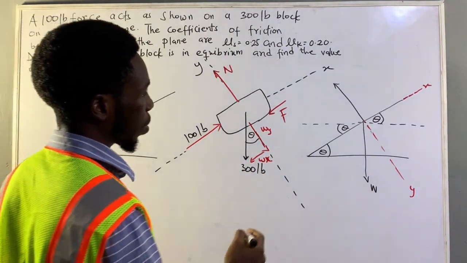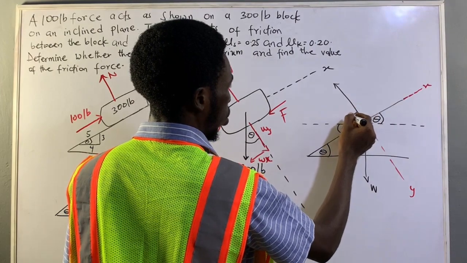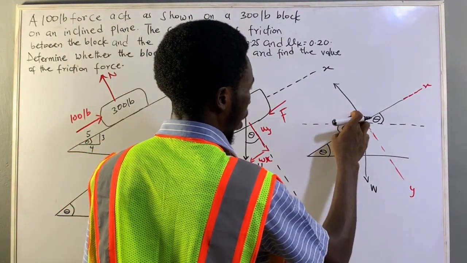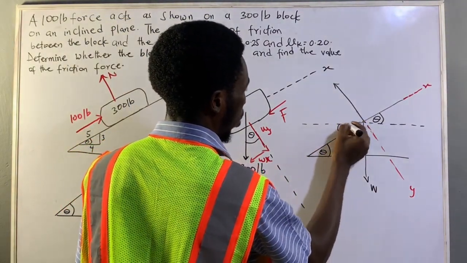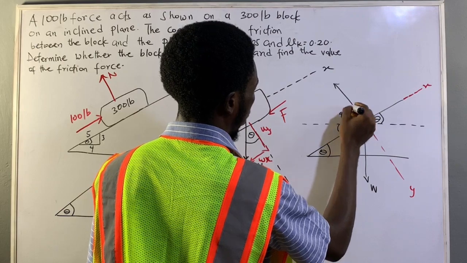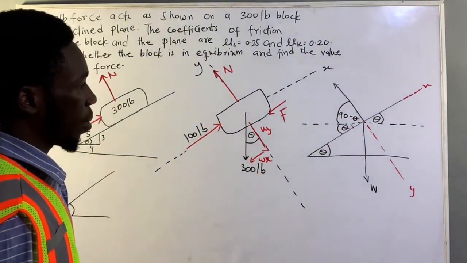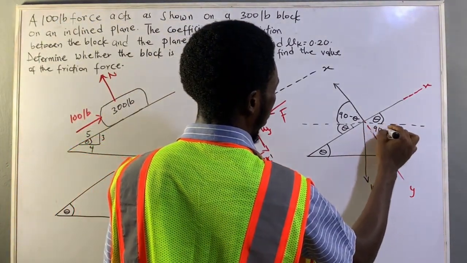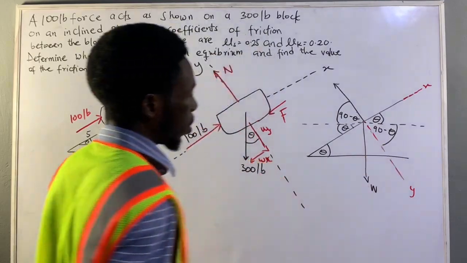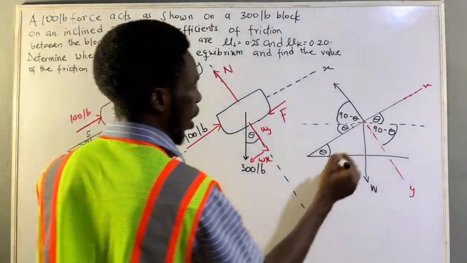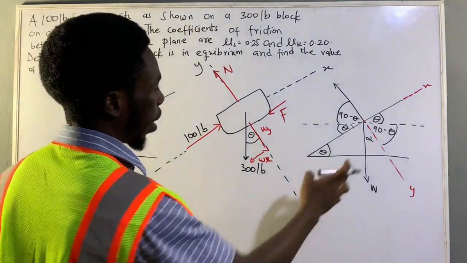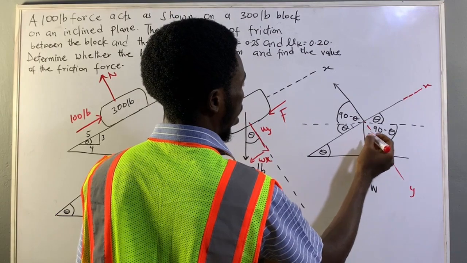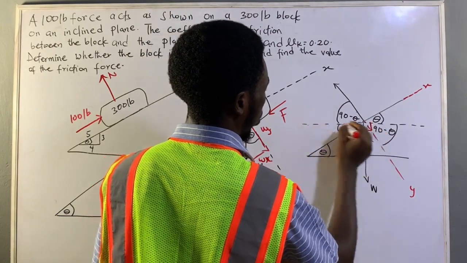We know that this angle here should give us 90 degrees. So we have theta here, and here 90 minus theta. Over here, you are going to have 90 minus theta too. Now let's name this angle here alpha. The weight force will make an angle of 90 degrees with this horizontal line that I've drawn.